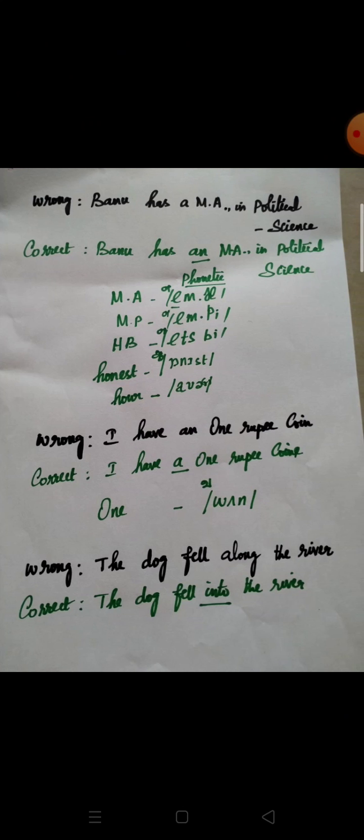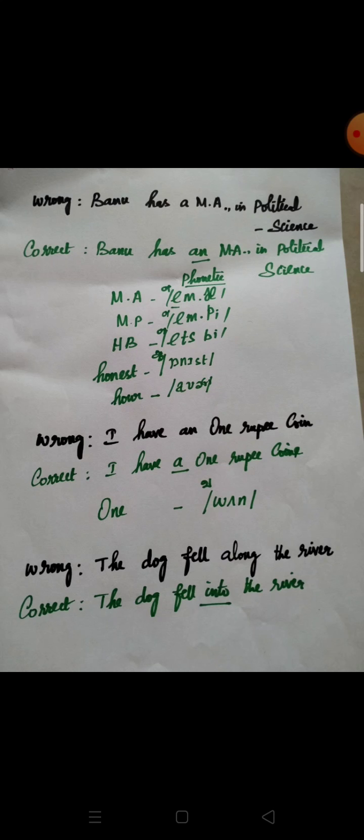Now listen, the continuation. The wrong one is Bono has a MA in political science. Previously we have seen that letters starting with E and U, but whose phonetic transcription is ya, give a consonant sound. But here, the letter starts with a consonant letter, but it is pronounced as a vowel sound.